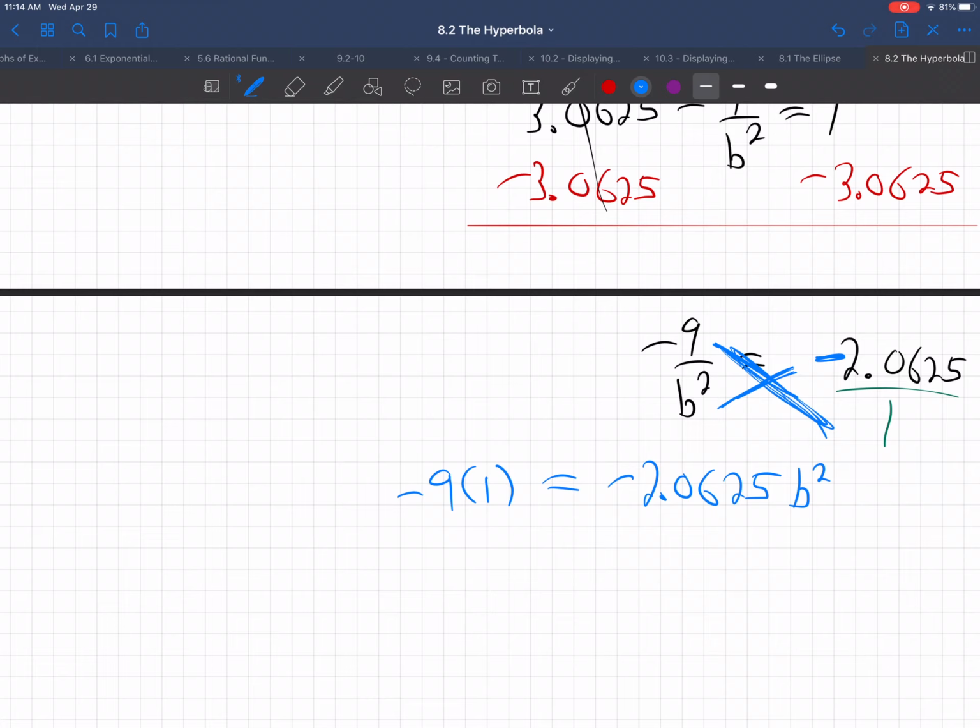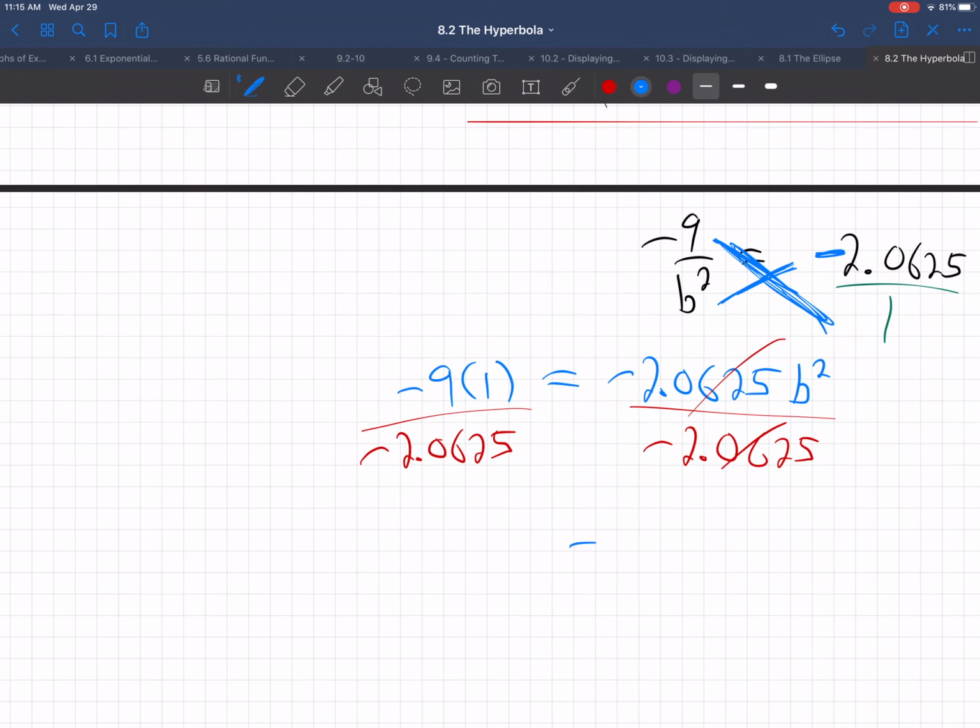Okay. Now we're trying to solve for b here. So what am I going to do? I'm going to divide both sides by negative 2.0625. B squared equals negative 9 divided by negative 2.0625. I'm getting 4.3636.